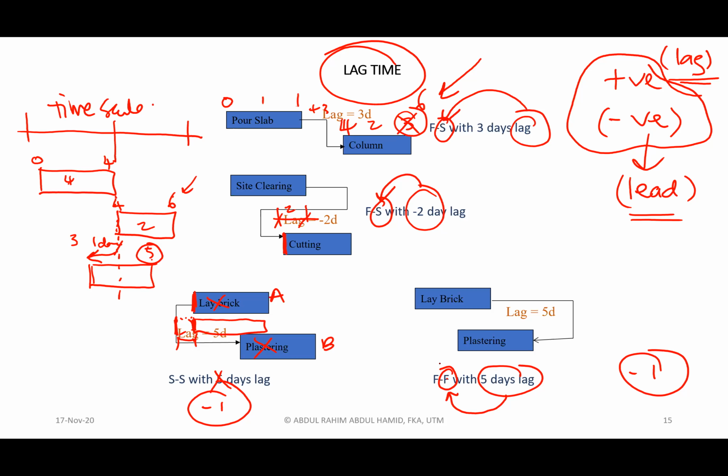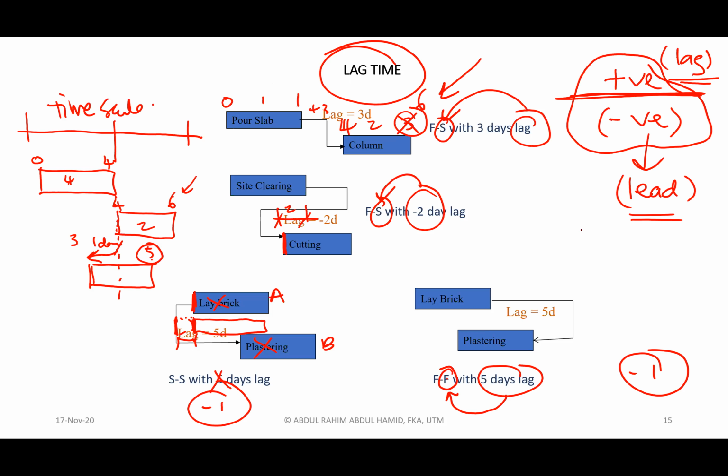Just remember, positive indicates lag, meaning we delay a little bit in terms of either finishing or starting, whereas negative indicates lead, we advance a little bit in terms of finishing or starting of the following activity, depending on the type of relationship.